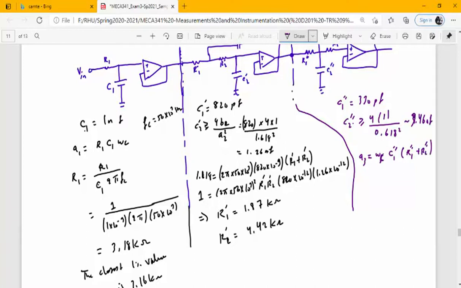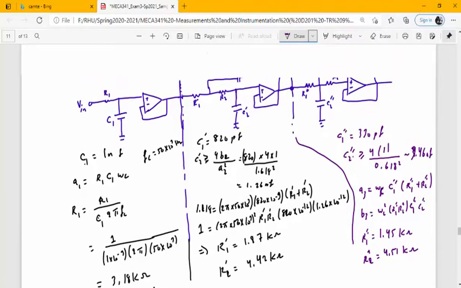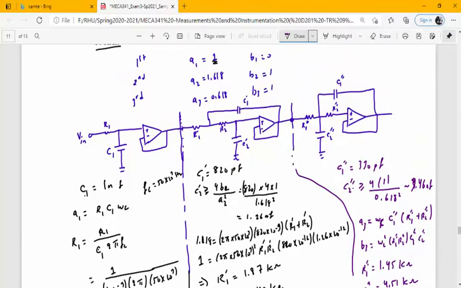You substitute A3 with 0.618 and B3 with 1 equal to omega C squared R1 double prime R2 double prime C1 double prime C2 double prime, and you solve for R1 double prime equal to 1.45 kilo ohm. You should be able to verify this, and R2 double prime is equal to 4.51 kilo ohm.